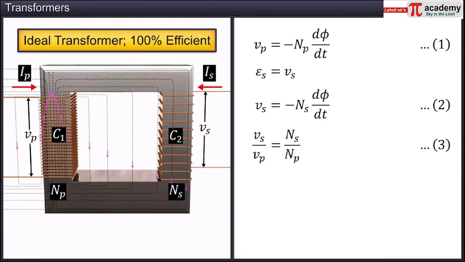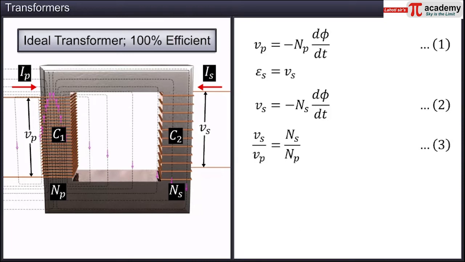Assuming the transformer to be 100% efficient, that is, there are no energy losses, then the input power is equal to the output power. This is a good approximation since a well-designed transformer may have an efficiency of more than 95%. 100% efficiency is not practically possible because of various losses.